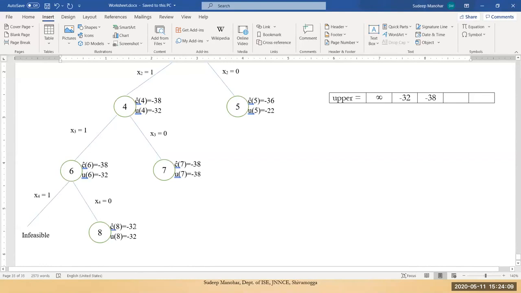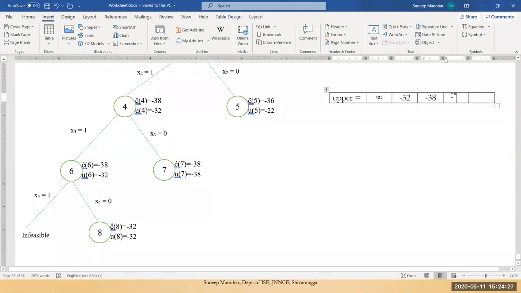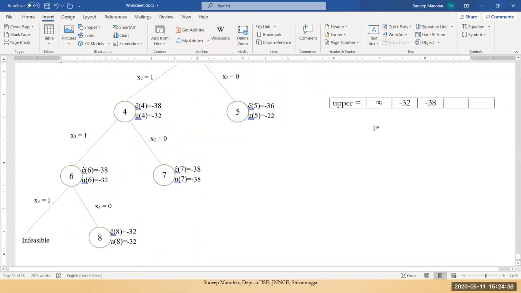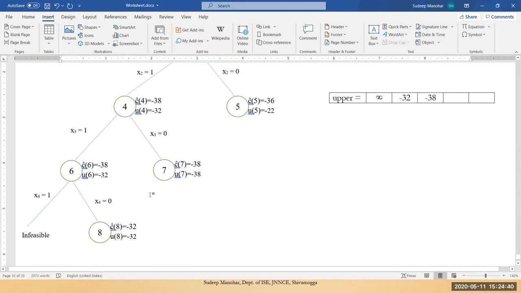Next step. So next what you're supposed to do is compare this value, whether u of 8 is lesser than upper. Minus 38 is here, minus 32, it is not lesser. Whether c of 8 is greater than upper. Yes, c of 8, it is minus 32, it is greater than upper. When it is greater than upper, you are supposed to kill this node.